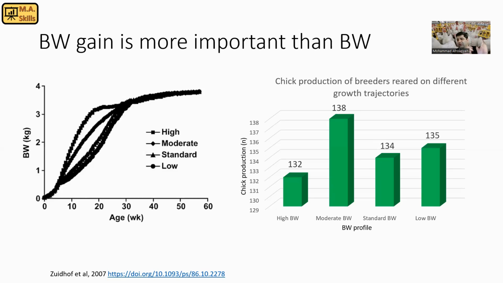And then you can calculate the profit to see if it makes sense or not. I don't know. Maybe it makes sense. Maybe you will get more profit for the moderate body weight curve, but maybe not. The profit will be the same as with standard body weight, or maybe the profit will be less. I don't know. We need to calculate that.